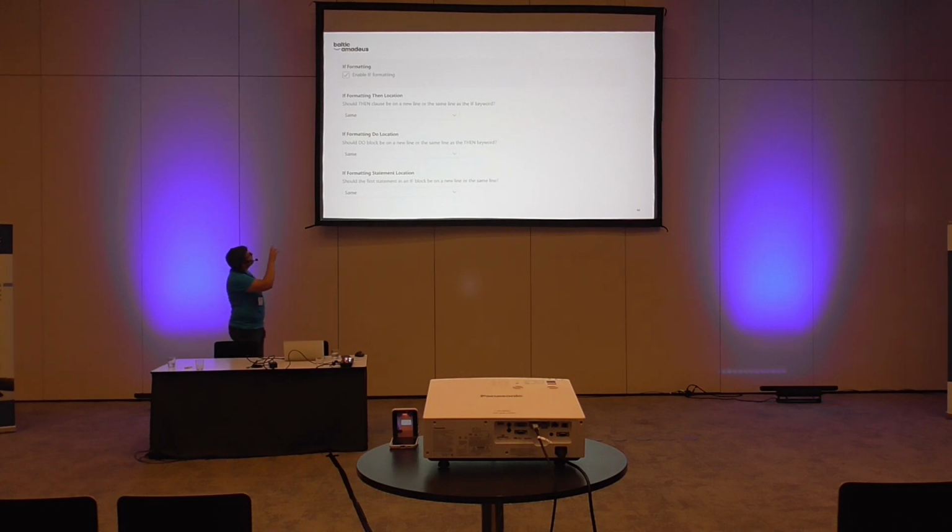So basically, we ask: what is the then location? Should then be on the same line as if, or on a new line? Then we ask, if there is a do block, should do be on the same line or a new line? And then if there is no do block but there is a single statement, should it be on the same line or a new line?